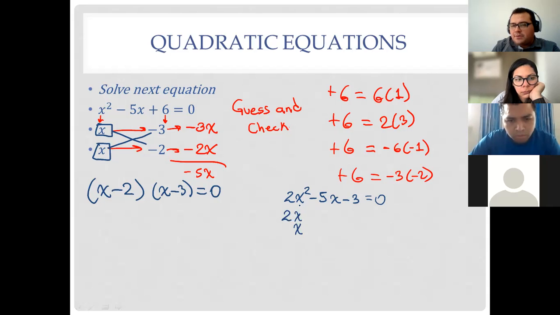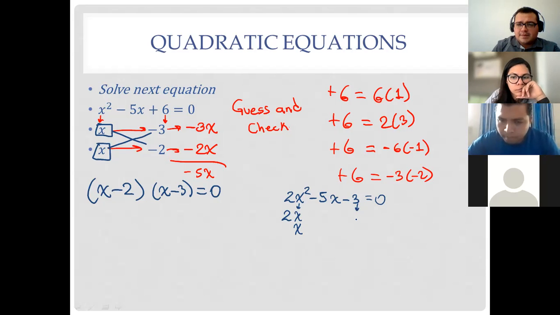Now, how can you decompose the -3? There is just one way. Now it's negative, not positive. Tell me, two numbers that multiply to give you 3. I mean, there is just one combination. 3 and 1. 3 and 1. Excellent.